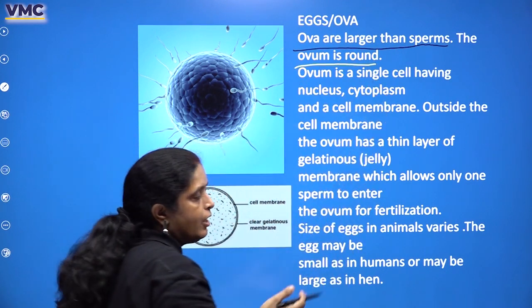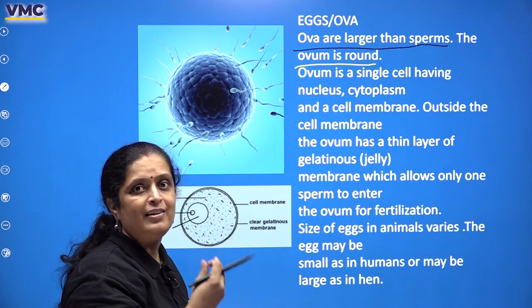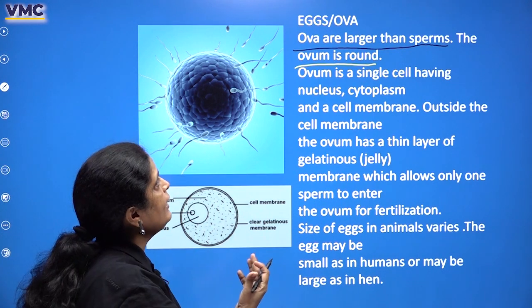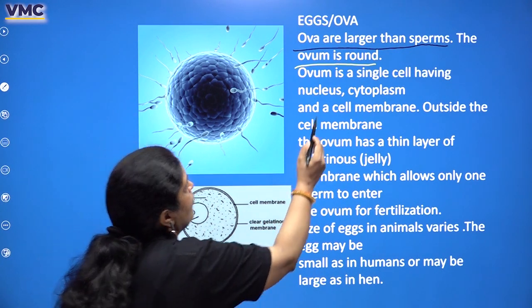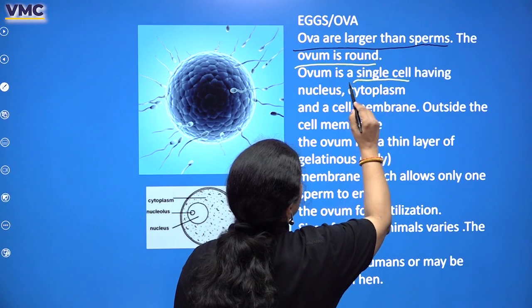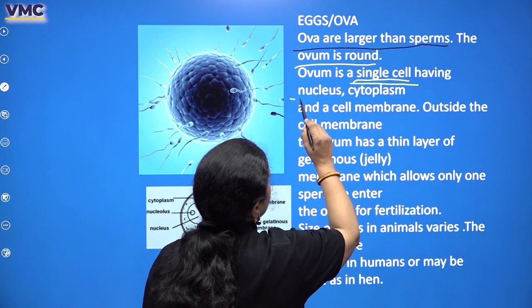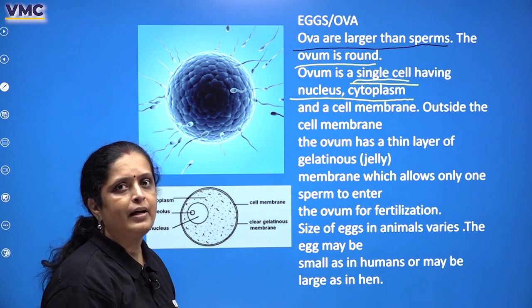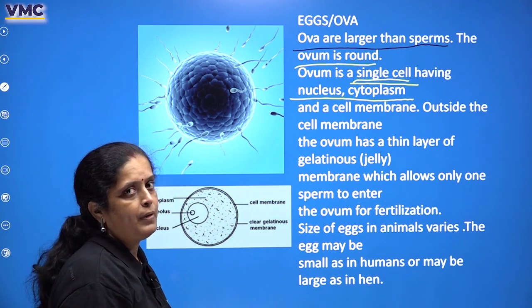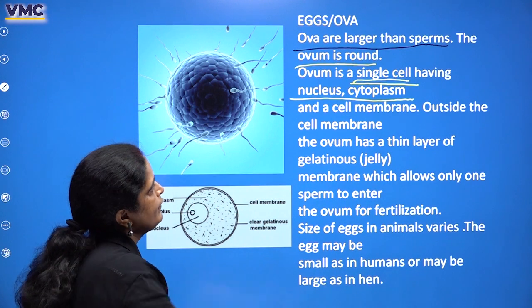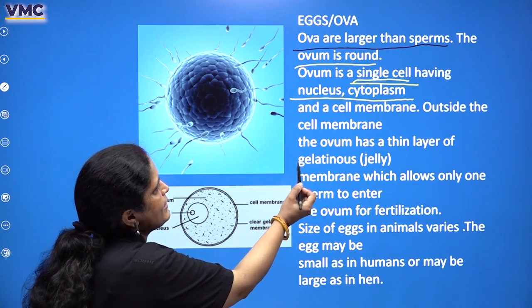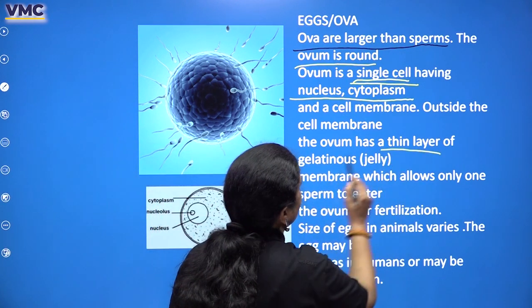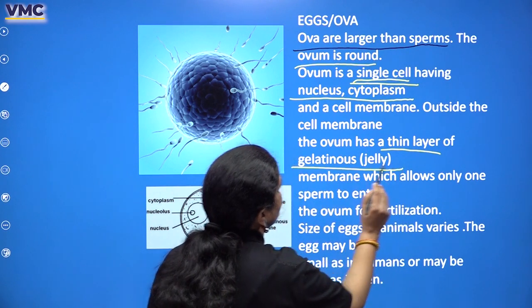So we just saw that the male gamete has a tail-like structure and ovum is round. Ovum is a single cell and it has nucleus and cytoplasm as well. Now, the ova has a thin layer of gelatinous jelly membrane.